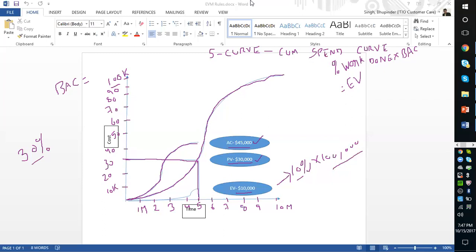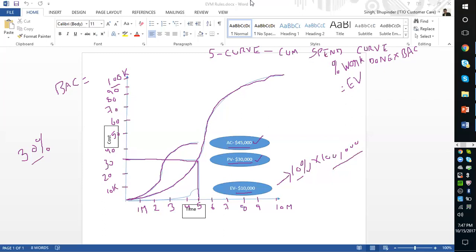Using these three, you as a project manager need to calculate the present and the future. How are you doing today, and how do you expect to be doing tomorrow, right? You are interested in finding out your present, and your present depicts the future.